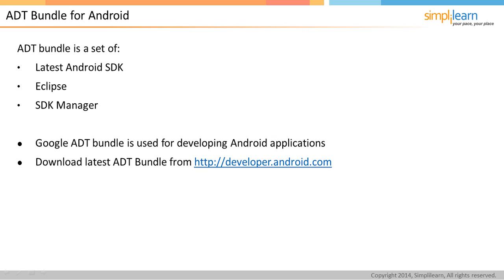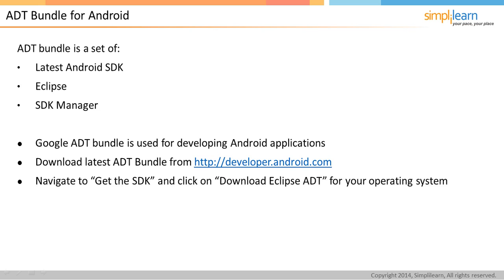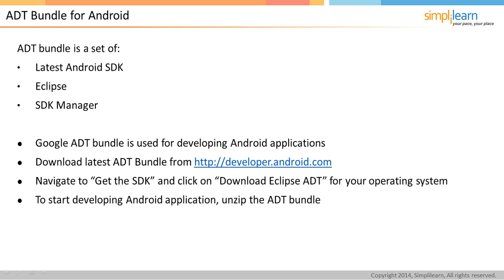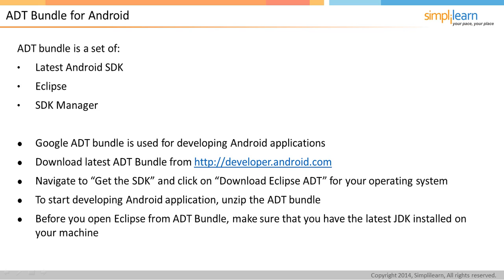For this, download the latest ADT Bundle from http://developer.android.com. Navigate to Get the SDK and click on Download Eclipse ADT for your operating system. To start developing the Android application, unzip the ADT Bundle. Before you open Eclipse from ADT Bundle, ensure that you have the latest JDK installed on your machine.